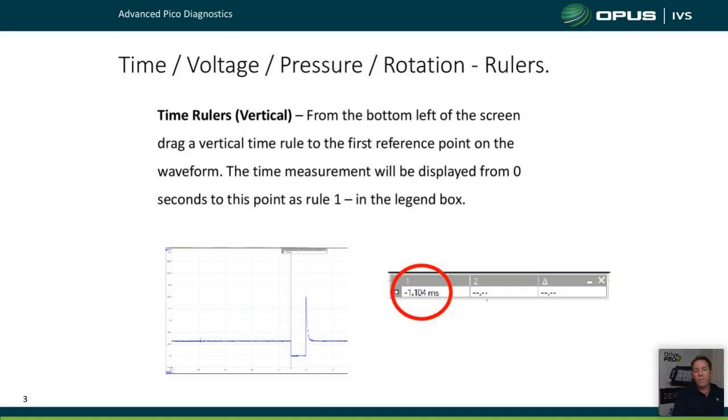Okay, so the vertical rulers are the ones that run up the left-hand side of the screen. So they're the ones that measure our voltage, our pressure, or our amperage values. So the best place to grab those, if you can have a look at this picture here, down the bottom left-hand corner of the screen, there's a couple of little boxes.